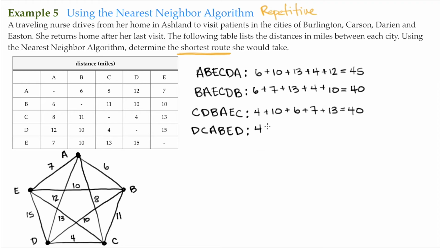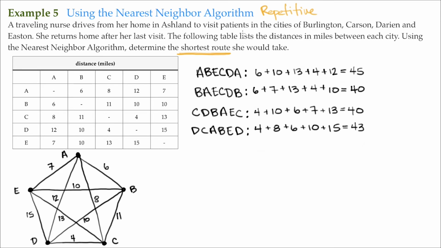C to A, that's 8. A to B, that's 6. Then 10. And then 15. Add this up, that's 43 miles. Longer than the other 2, but still shorter than the original one, in which the nearest neighbor algorithm says you have to start at A. Well, you don't. Using the repetitive nearest neighbor, you can start at any one.